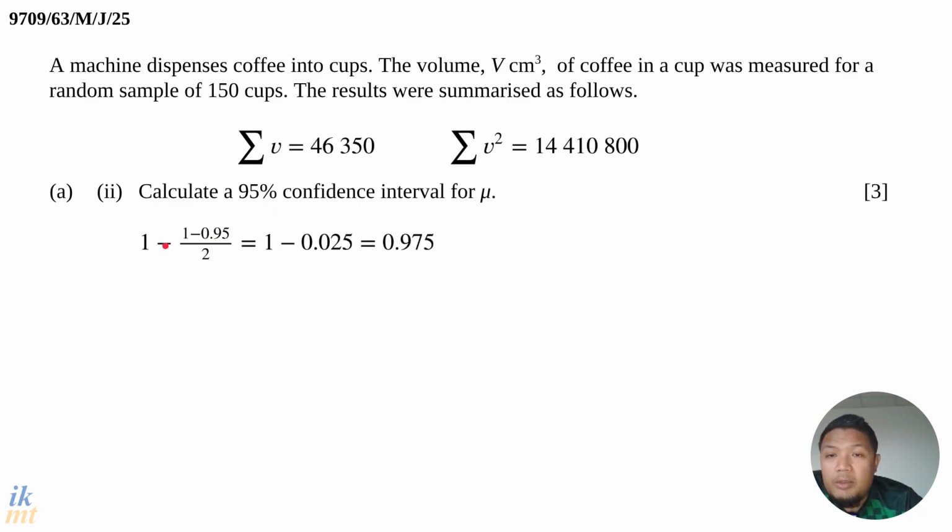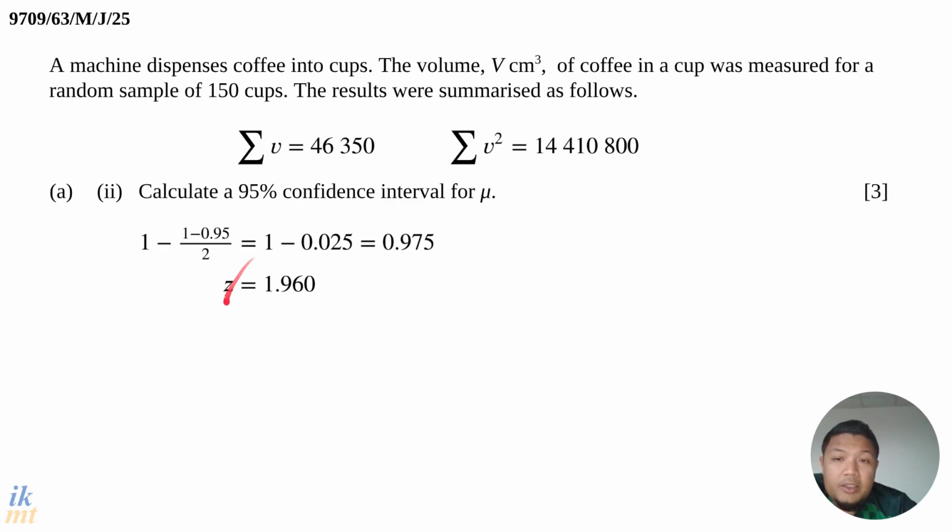And so when we do 1 minus that alpha divided by 2, we will get 0.975, and this value is what we will use to find the critical value, and that critical value is 1.96 in this case.